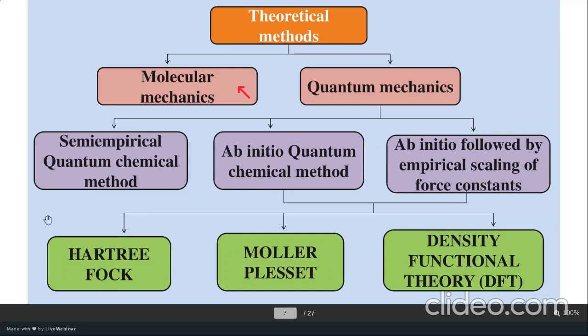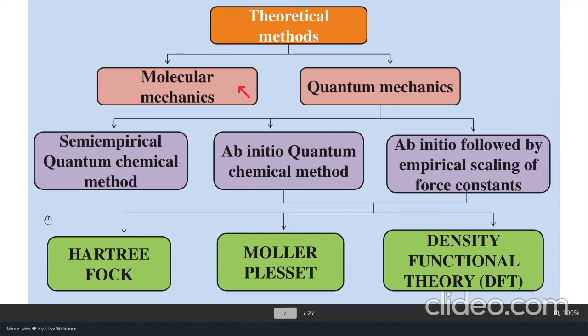Here the potential is taken as a function, so it is not an accurate method. It takes much more time to solve these equations when dealing with lots of atoms.